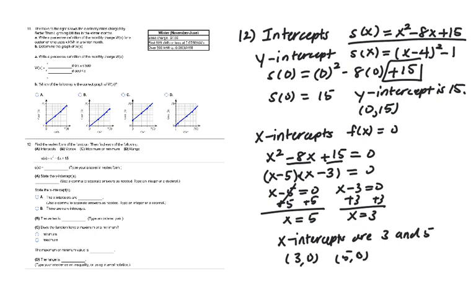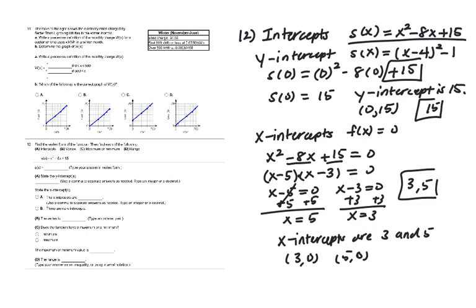In this case, it just asks for what the intercepts are, so we'll just give 3 and 5 and separate them with a comma. So those are our x-intercepts, and for the y-intercept we'll just give 15.